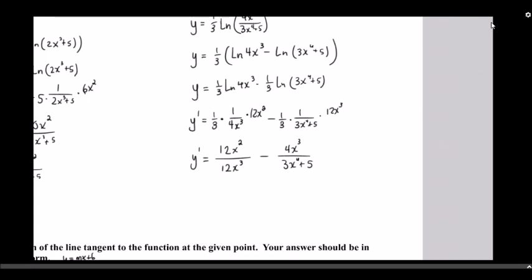And finally, the 12's cancel there to 1, and x squared over x cubed can become 1 over x. So final answer, 1 over x minus 4x cubed over 3x to the 4th plus 5.